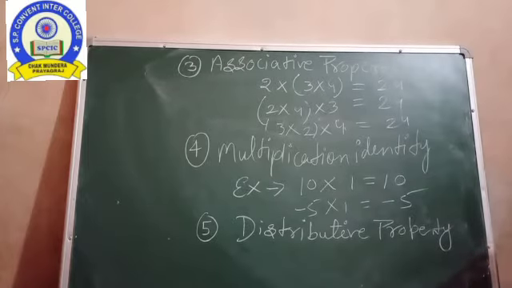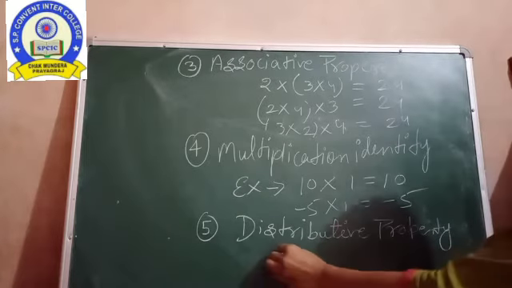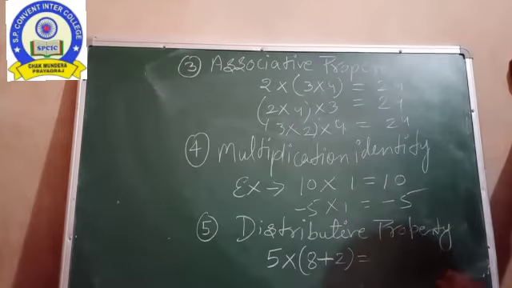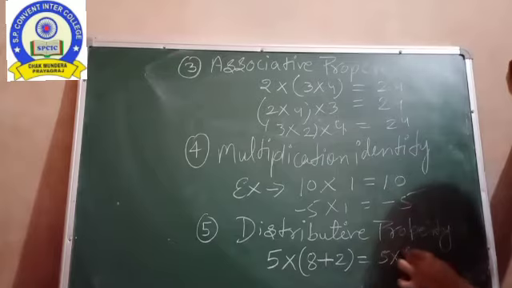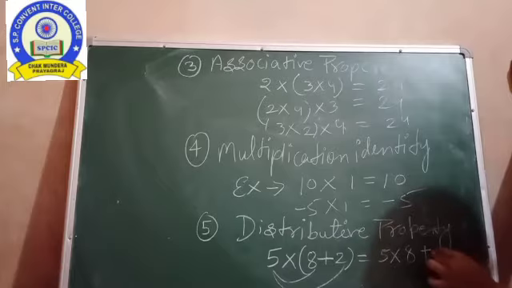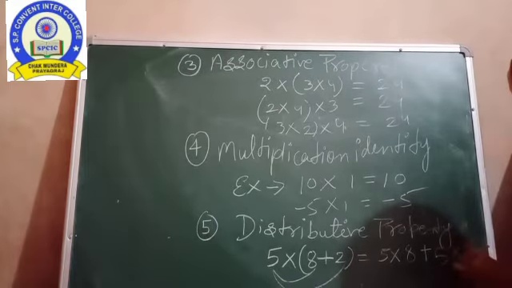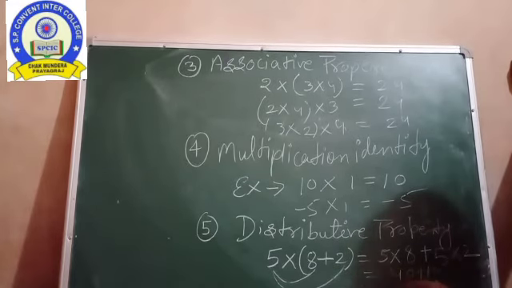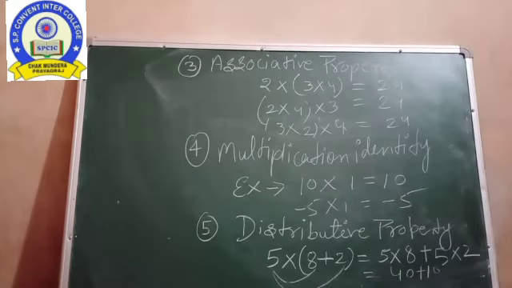It means, for example, 5 into (8 plus 2) equal to 5 into 8 plus 5 into 2. Then 5 times 8 is 40, 5 times 2 is 10, 40 plus 10 equal 50. Okay. Hence integers have the distributive property under multiplication.